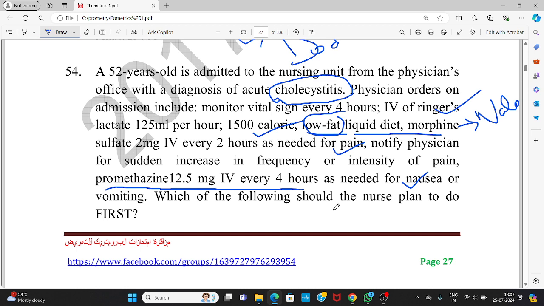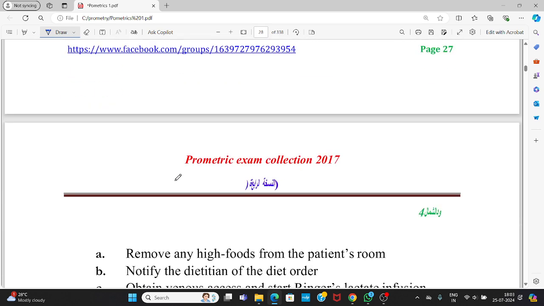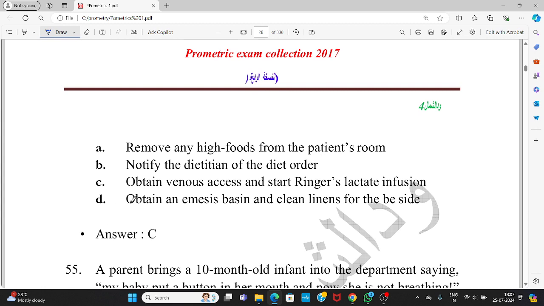Which of the following should the nurse plan to do first? You have so many options. Remove any high fat foods from the patient room. This you should do, but not first. Notify the dietitian. You should do it, but is it an emergency?